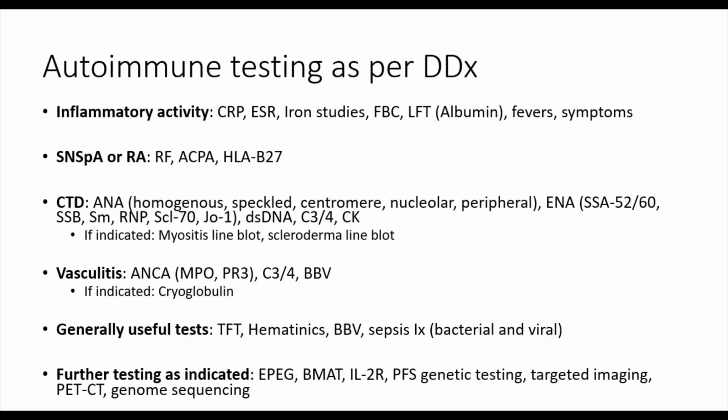And lastly, if the diagnosis of an autoimmune disease is secure but it cannot be subtyped into a specific disease, then genome sequencing may be indicated, which can identify rare mutations affecting immune pathways to explain autoimmune diseases which do not fit into a currently recognized subtype.